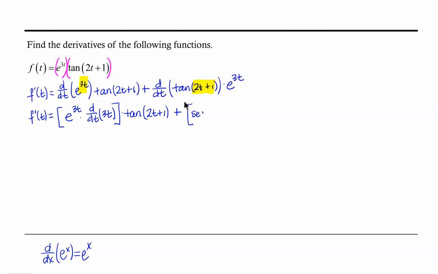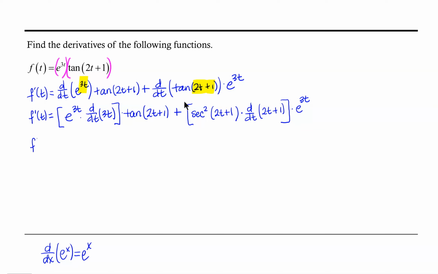So I'm going to have secant squared of, and we leave our argument alone, then we multiply by the derivative with respect to t of our argument. And our argument that we were leaving alone in our secant squared is 2t plus 1. So there's our chain rule times the exponential e to the 3t.